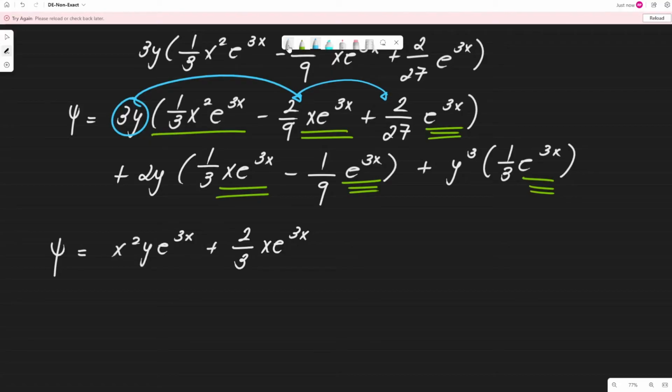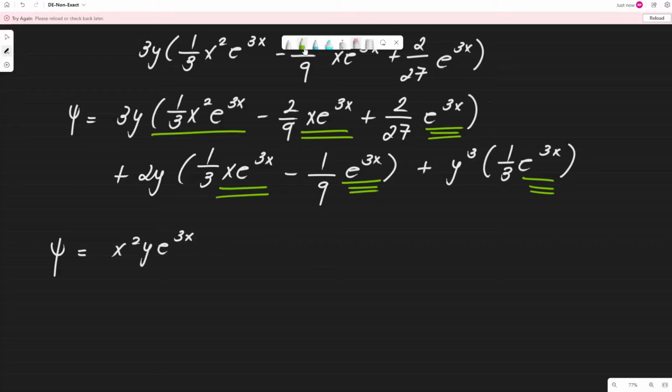That's why it became 2/3. Sorry, y is also included when we distribute, I overlooked that. Let's focus on this first. I'll erase this one.